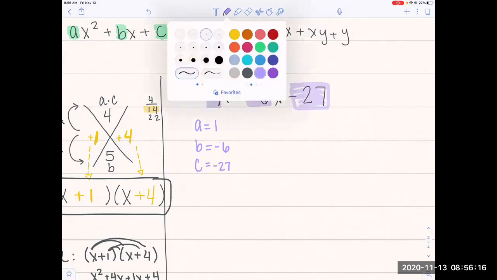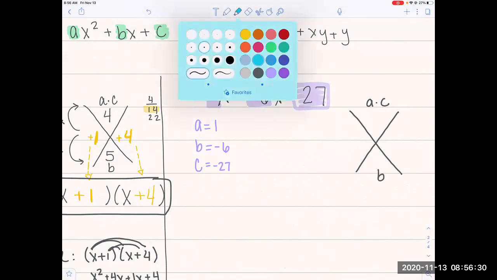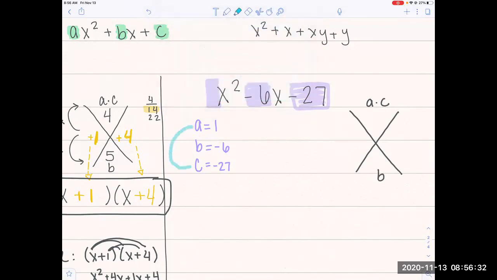All right, from there, I'm going to find A times C and B. A times C, 1 times negative 27, is going to give me negative 27.